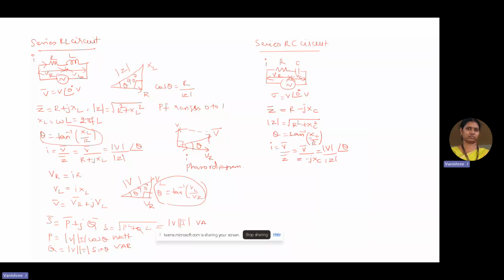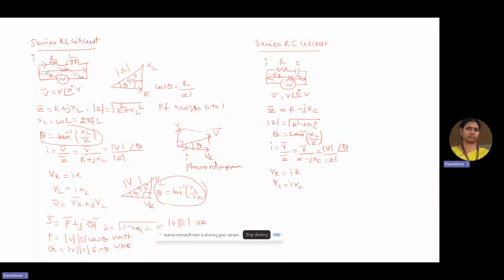Here the angle theta will be in the negative direction. Once we determine the value of I, we can determine VR. So VR is equal to I into R, and VC is equal to I into XC.